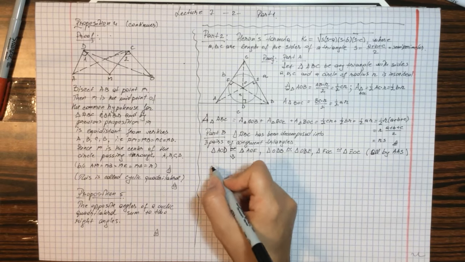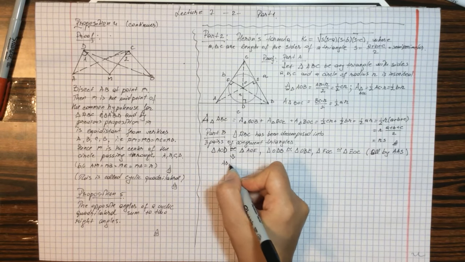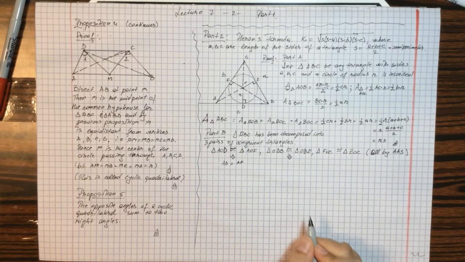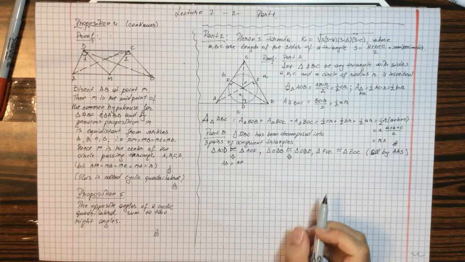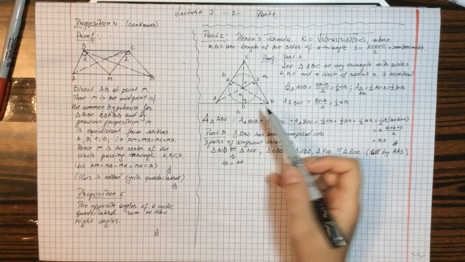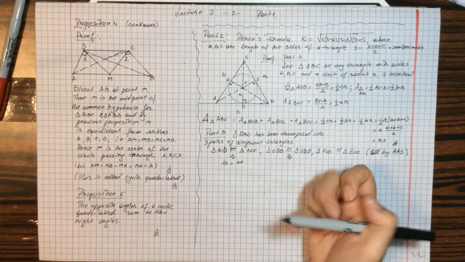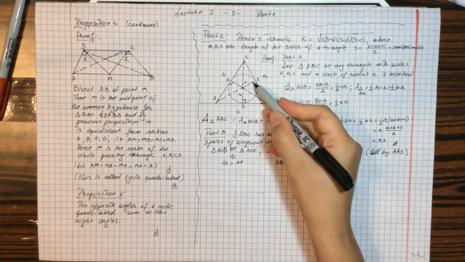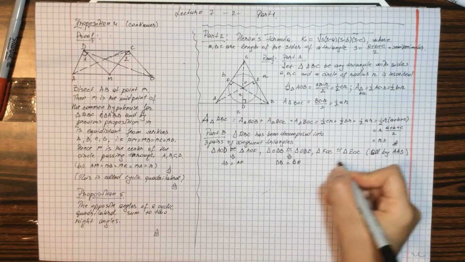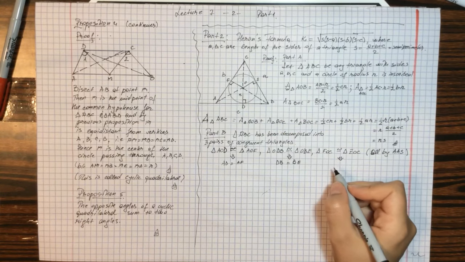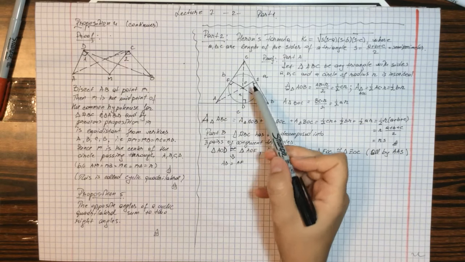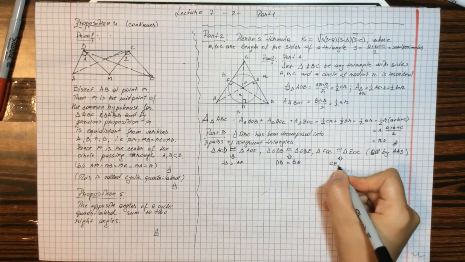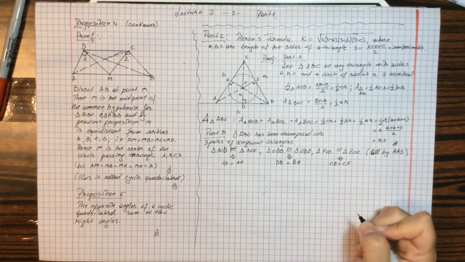Since these 2 triangles are congruent, DB is equal to BE. And from here, CE is equal to CF.